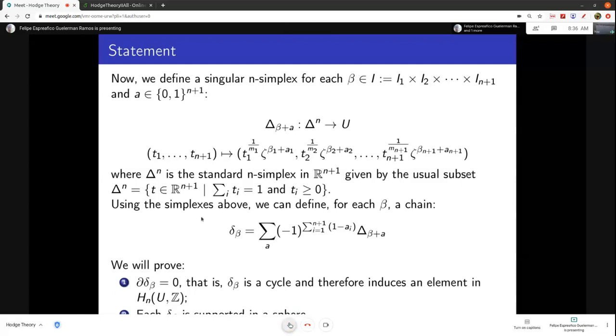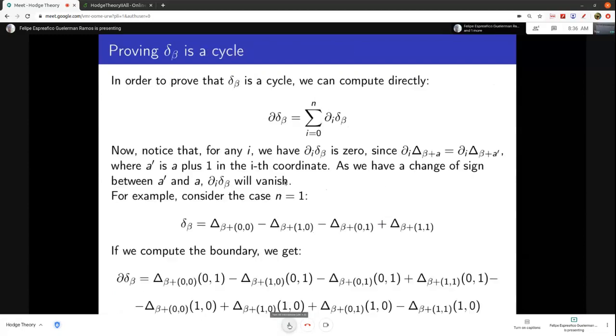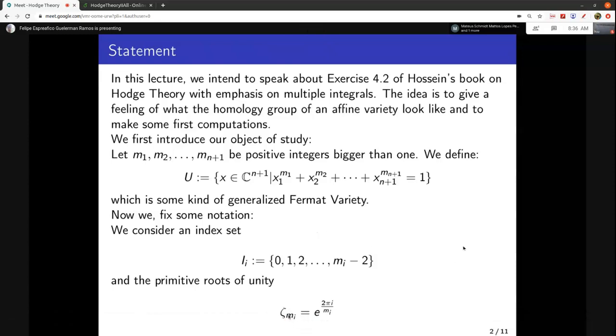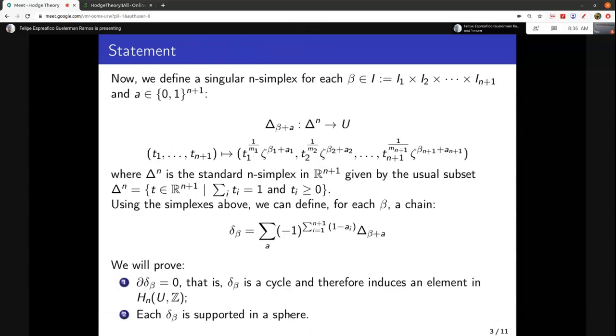So it is zeta m1, zeta m2, zeta n plus 1. So you have forgotten the sub-indexes. Oh, yeah, sorry. These zetas have indexes also. Yeah, exactly. So thank you.